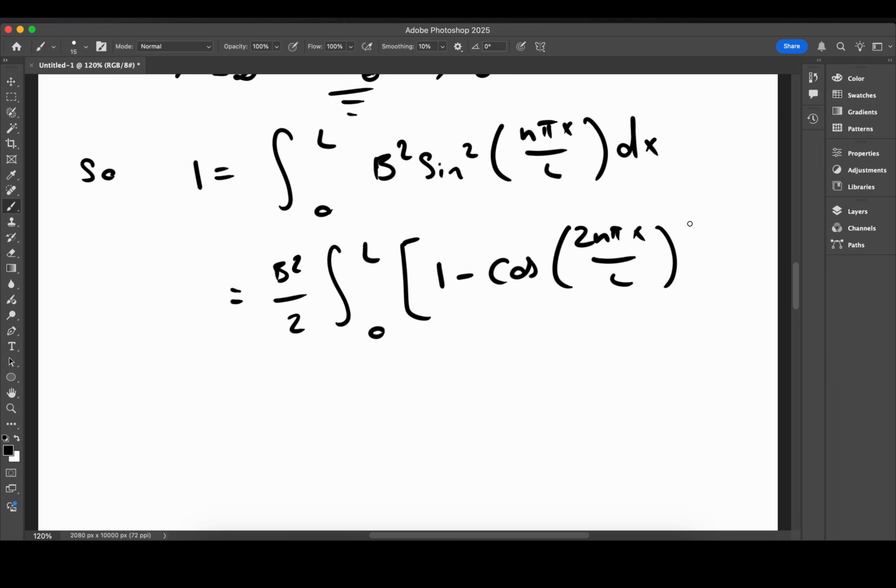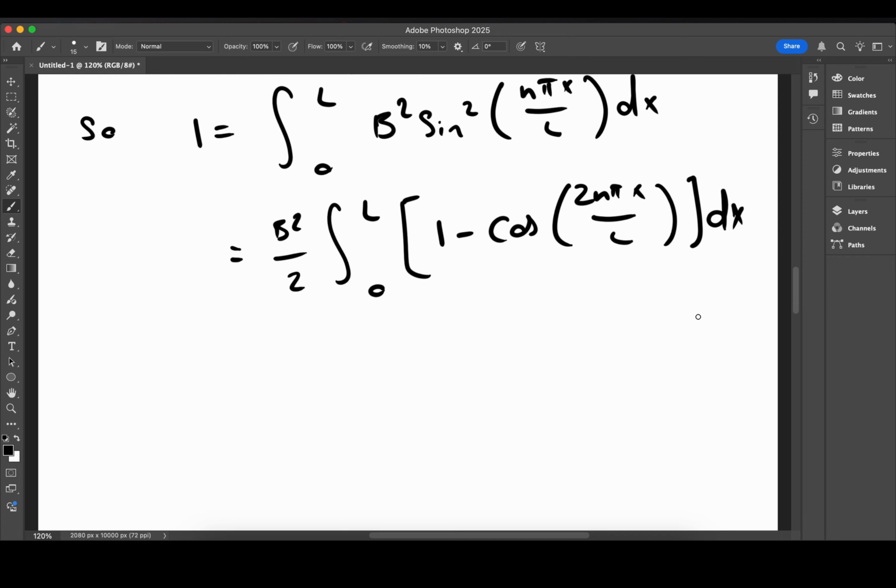The 2 is important there because we should all know this at this point: sine squared of alpha is 1 minus cosine 2 alpha over 2. It's just something you need to know how to integrate, the square of a sine or cosine function. This is really an easy integral to do.